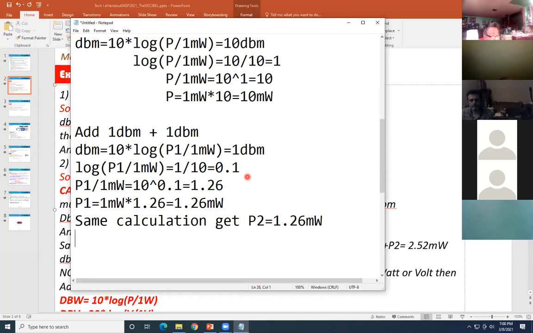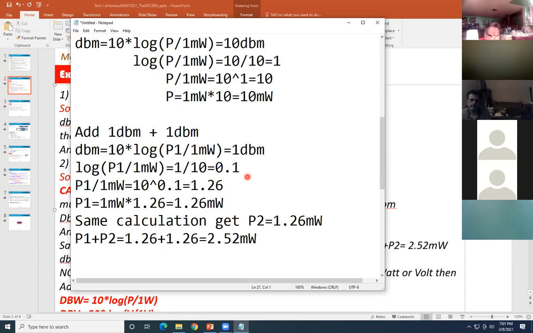Now you add them. P1 added to P2 equals 1.26 plus 1.26, which equals 2.52 milliwatt.